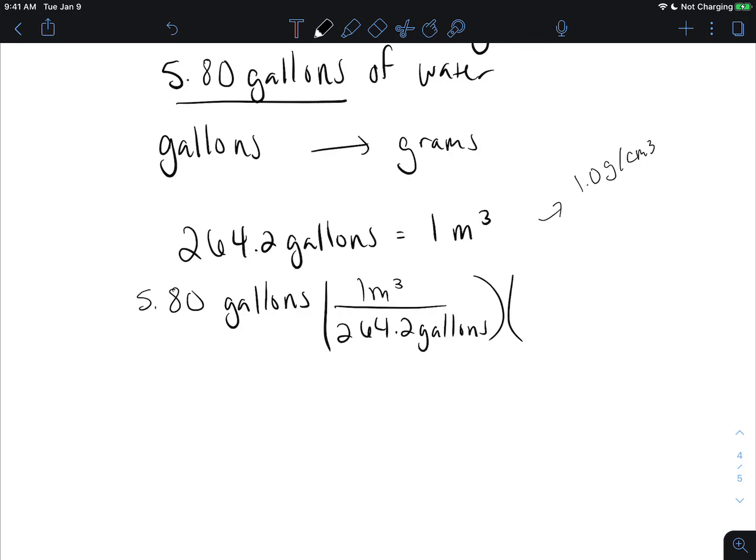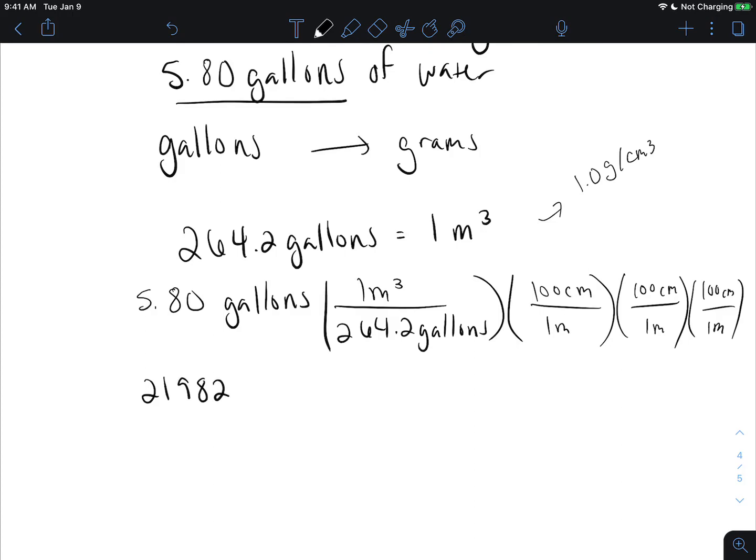So there are 100 centimeters per 1 meter. But when we do this conversion, going from meters to centimeters, this is only going to get rid of one of those meters, so we're going to have to do this conversion 3 times to get rid of all 3 meters and get centimeters cubed. And then when we do that, we get 21,982 centimeters cubed.